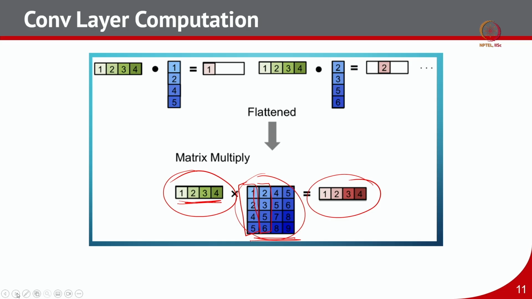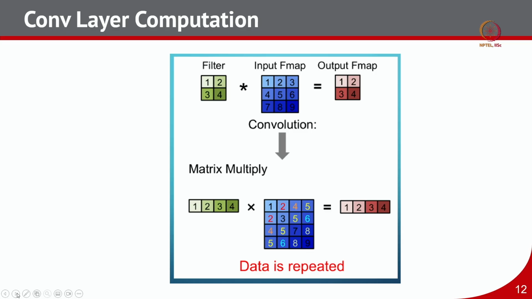Now, before going to that part, what we just did is, this is the filter 1 2 3 4, and then this is the input feature map where we have 9 pixels. If we convolve, then we get this output feature map, right. That is the regular convolution operation.